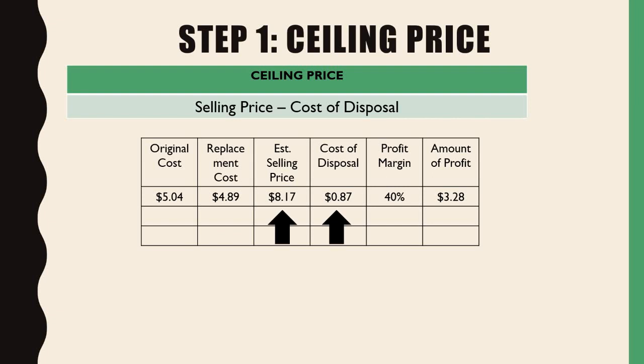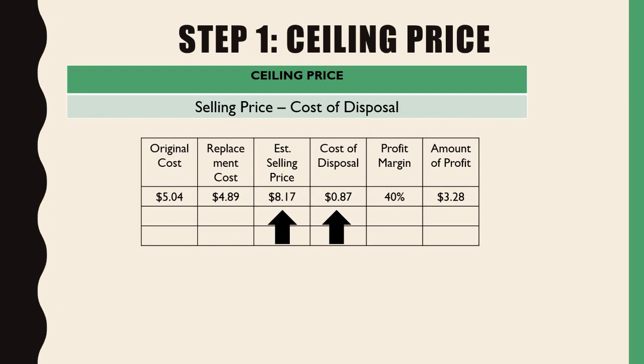Okay, so in this case, for this example here, I purchased an item. It cost me $5.04 per item. So that's what I originally purchased it at. Okay. And now the market is telling me that it costs $4.89. Okay. And of course, I sell it at $8.17. It's going to cost me 87 cents to get rid of this item.